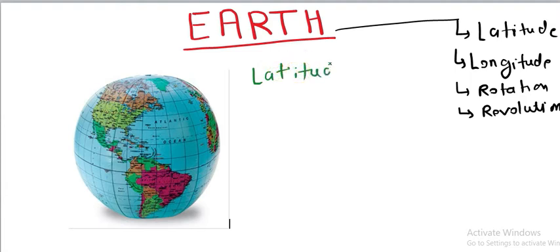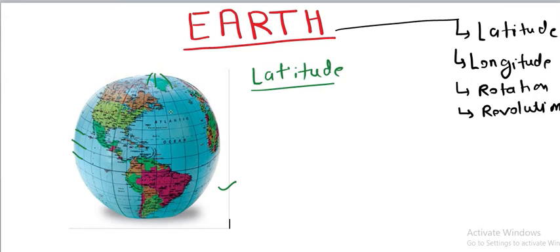Latitude. We all know that this is the globe, and the globe is a model of the earth. On this globe, you can see there are two sets of lines. One set is horizontal and the other set is vertical.